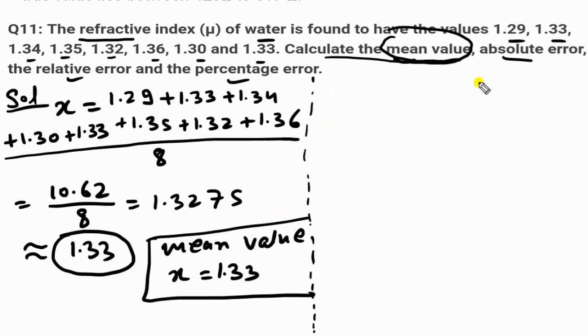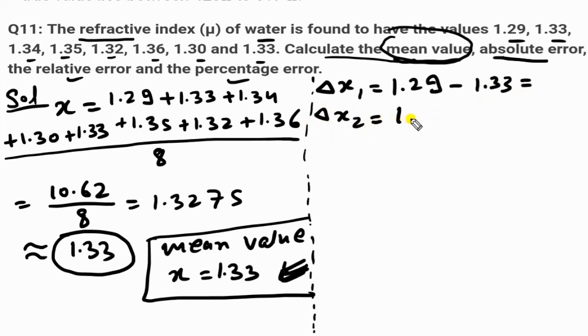Now let's come to the second part. This time we are asked to find the absolute error. The first absolute error is the first measured value minus the true value. We will treat the mean value as the true value, so this is our true value, 1.33. The first absolute error is 1.29 minus 1.33. The second measured value is 1.33, minus the true value, which is again 1.33.